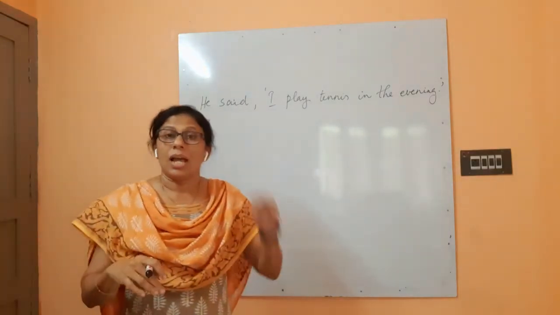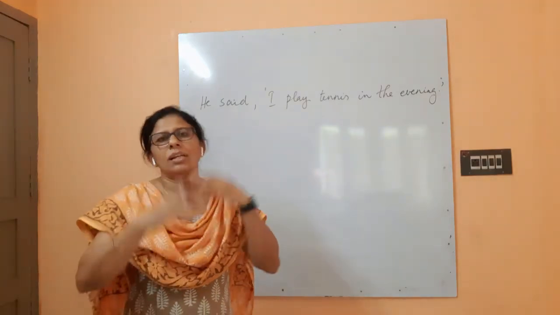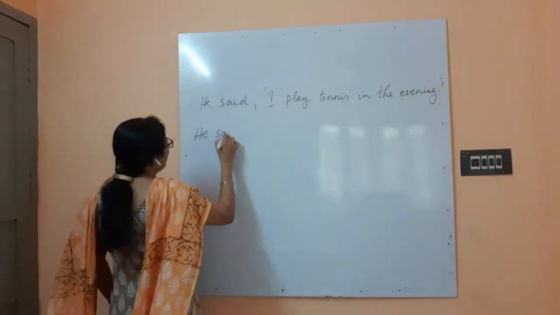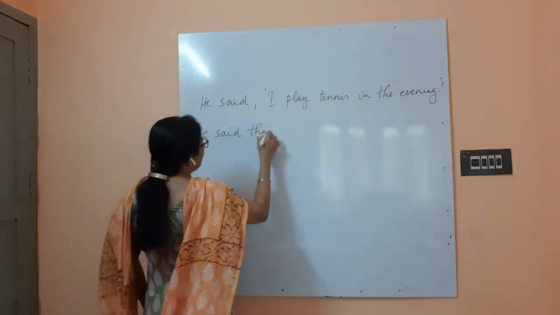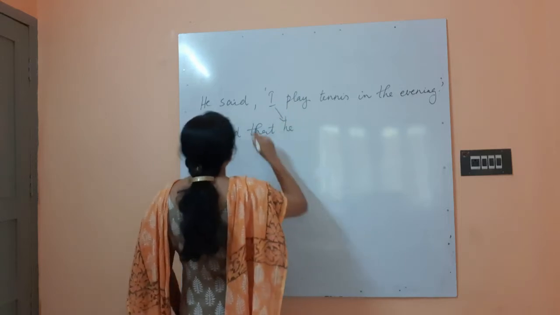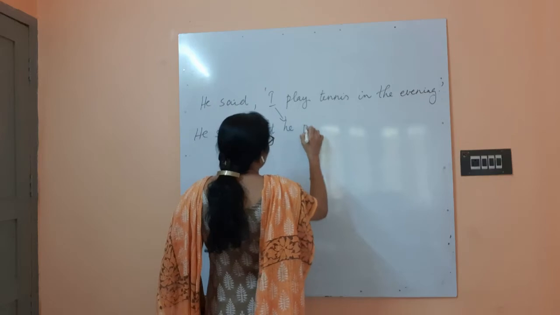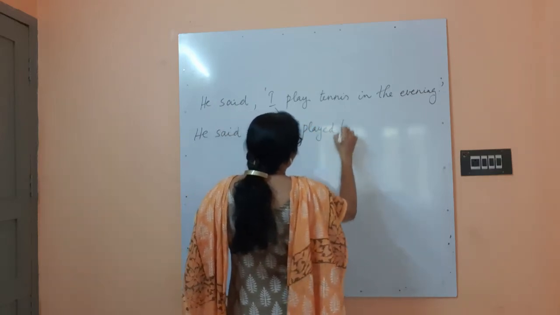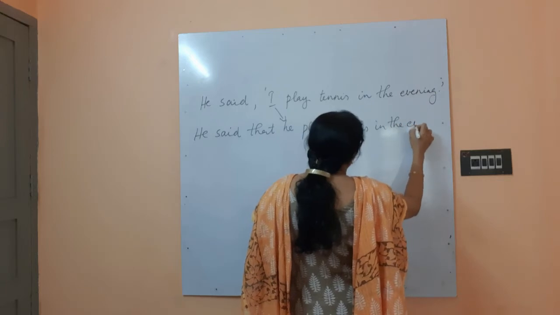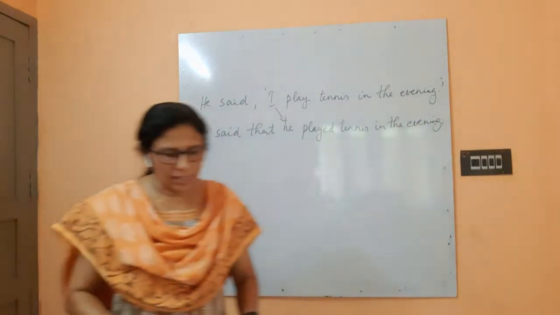We know that other than universal truth, proverb or habitual action, all the other sentences, tenses will change accordingly. So how will you do that? He said that, and I will change from first person to third person, he. That is why he played, simple present to simple past. He said that he played tennis in the evening.